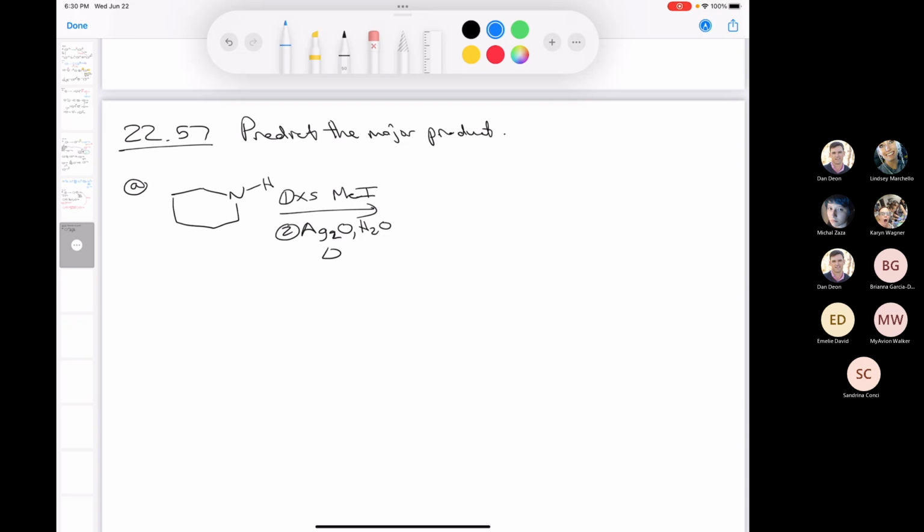Now remember, in the first step, when you treat it with excess iodomethane, you end up alkylating that nitrogen exhaustively. So you end up with this. This is an alpha carbon attached to the nitrogen, and this is a beta carbon.